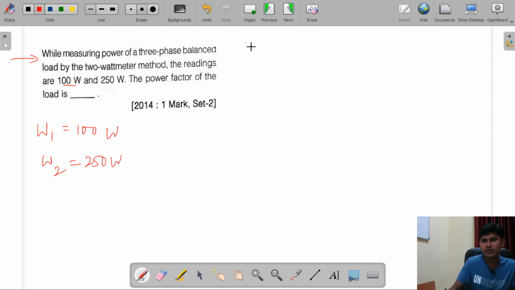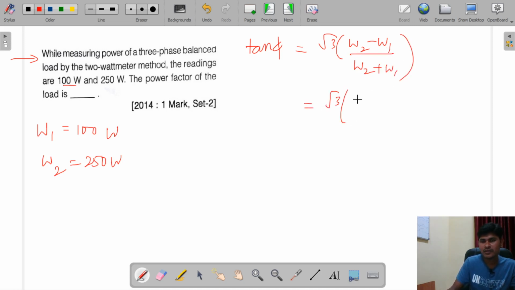Then you know tan phi is equal to root 3 into (W2 minus W1) by (W2 plus W1). Then you're going to get root 3 into (250 minus 100) by (250 plus 100). Okay, this is tan phi.